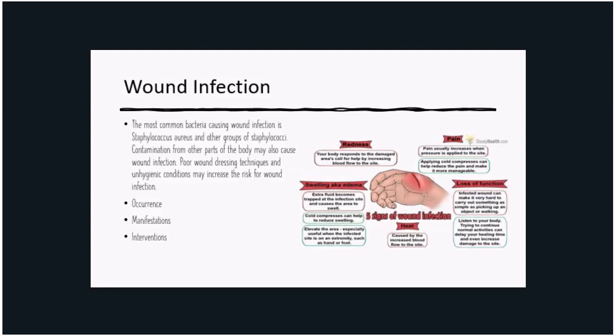You will also perform wound care as prescribed by the doctor. Sometimes you have an order to irrigate the wound or use specific cleansing products, but you will always care for that wound in accordance with the doctor's orders. For a wound infection, you may also expect that antibiotics may be prescribed.